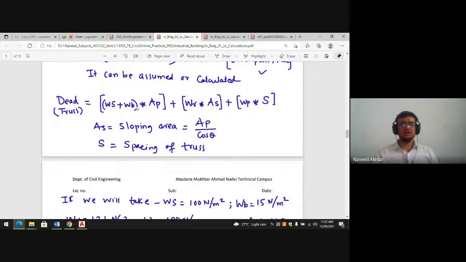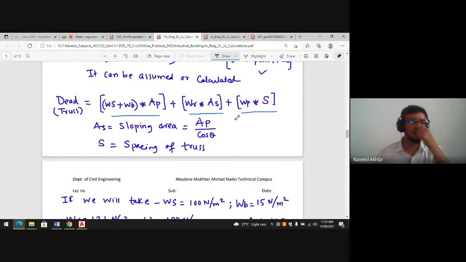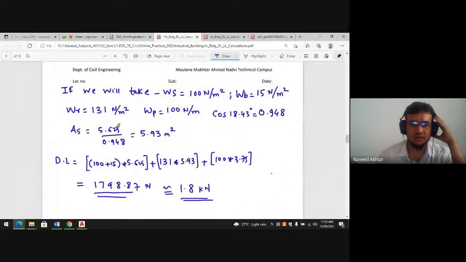Now the dead load you have to calculate on the plan area and on the slope area: the weight of the roofing sheet, and then per running meter the weight of your purlin. All this will give the dead weight on your panel point.